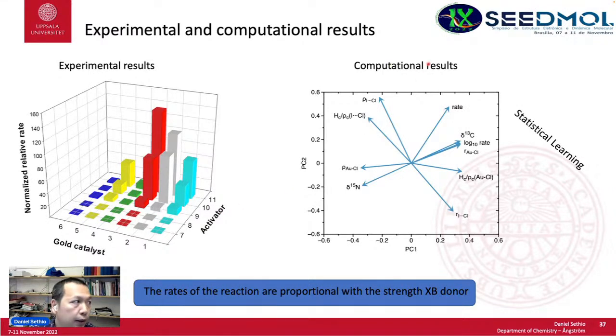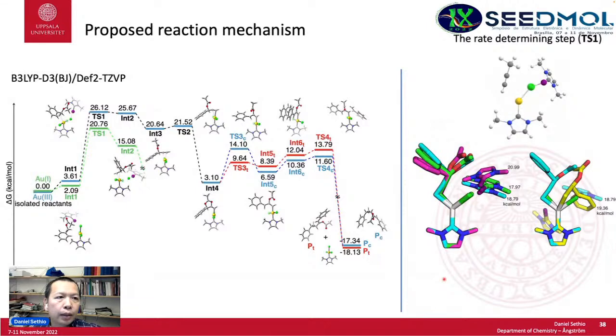And in the computational study, we use different descriptors to describe what was happening in the experiment. The rate of reaction is proportional to the strength of the halogen bond donor. We also propose the reaction mechanism at a B3 level with triple zeta basis set quality.